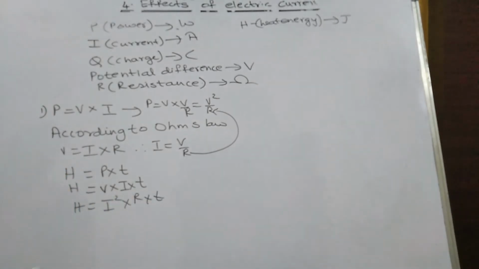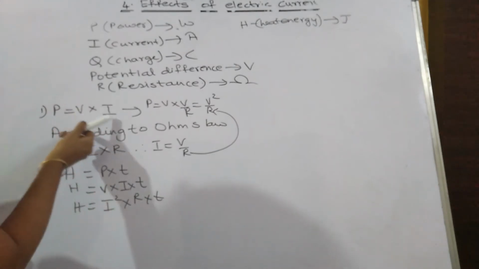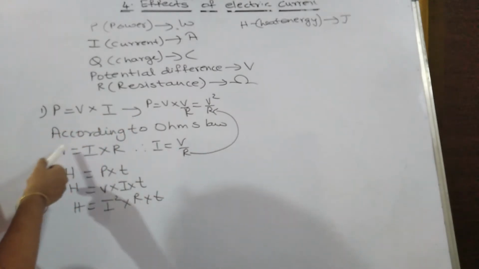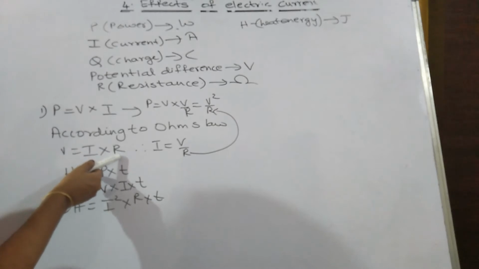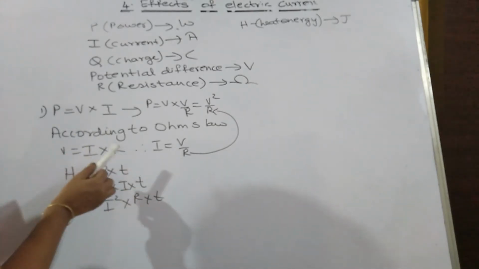I'll repeat once more. Formulas used in this lesson: P is equal to V into I, that is power is equal to potential difference into current. According to Ohm's law, V is equal to I into R, where R is resistance.